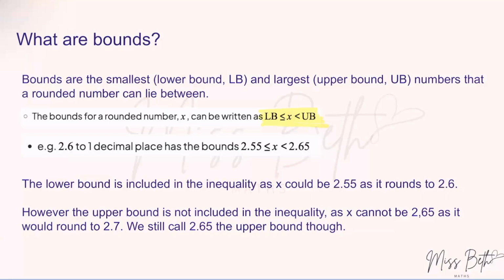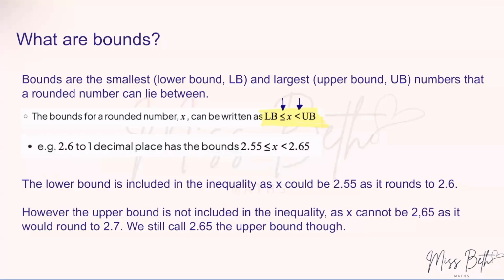So do take note that we have here a greater than or equal to sign, but for the upper bound, it can't actually equal the upper bound, because if it did, it would round to a higher number. So do remember that with your interval, your greater than or equal to sign and then your less than sign.